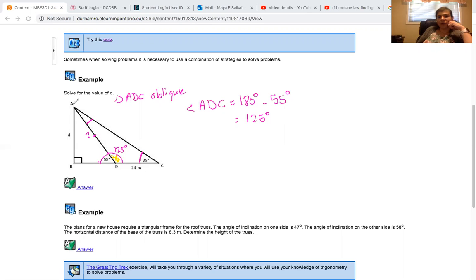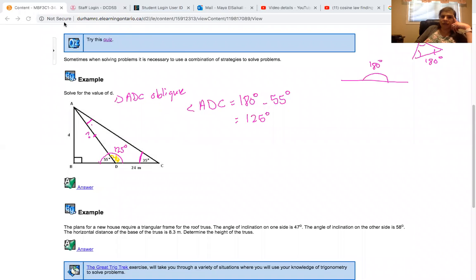Remember that the sum of angles inside of a triangle is also 180. The angle of a line is 180, and the sum of angles inside a triangle, when I add them all together, equals 180. Remember that. So if this is 125, this is 35, what would this angle be? Let's be more specific because I have too many angles A here.